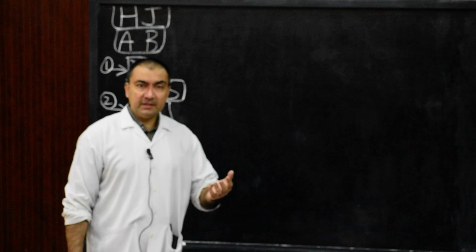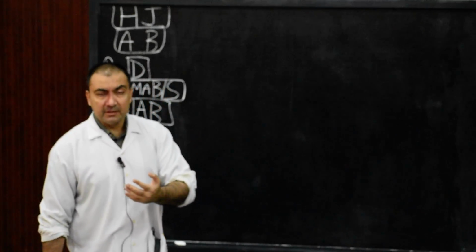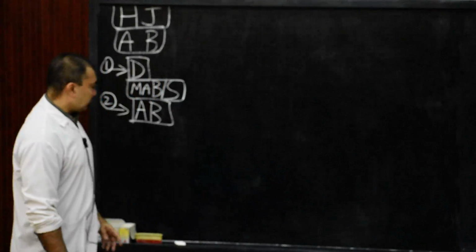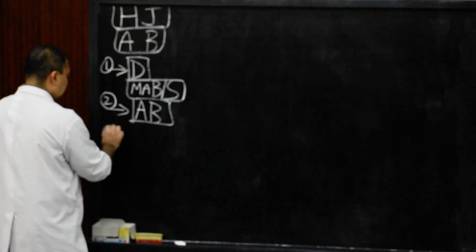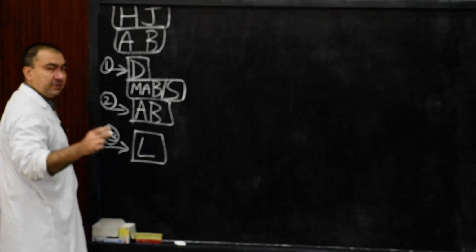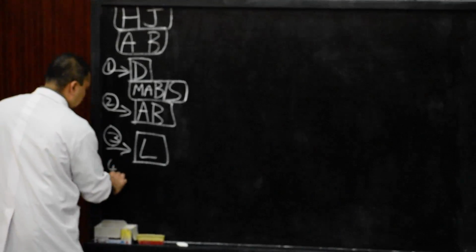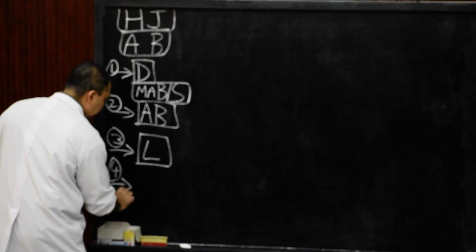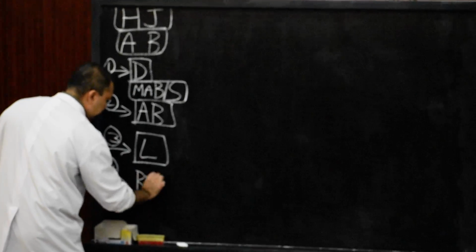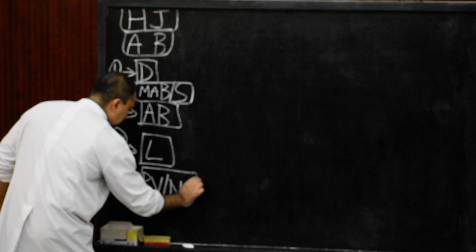And the third point, in any description of the joints of human anatomy, will be ligaments. It is always the ligaments of any particular joint. Here, ligaments of hip joint. The fourth point will always be related to blood vessels and nerve supply of the respective joint.